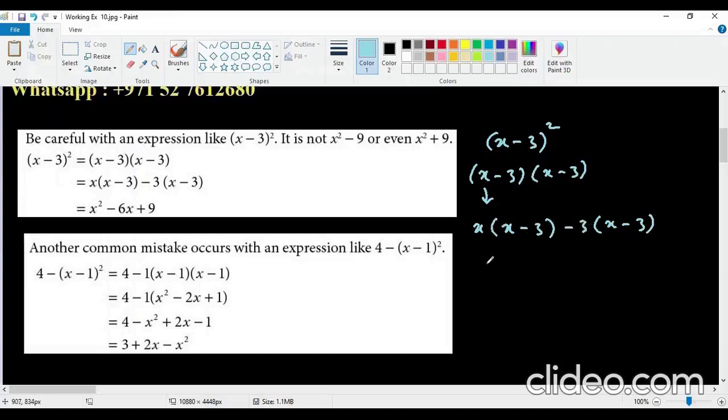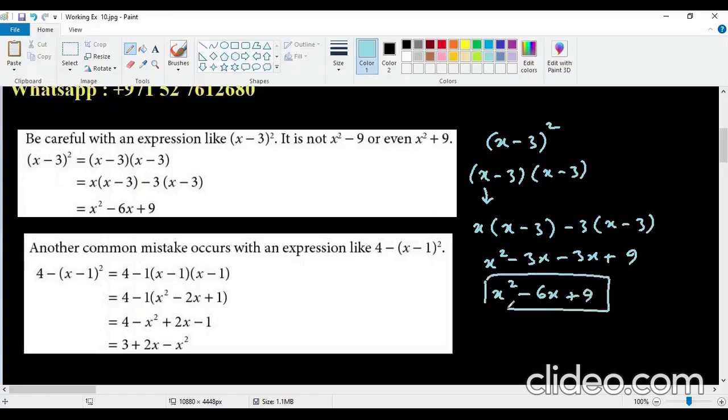So this is going to give you x square minus 3x and plus 9. Now, so this is going to give me x square minus 6x plus 9. So this is the answer for this one, x minus 3 whole square.